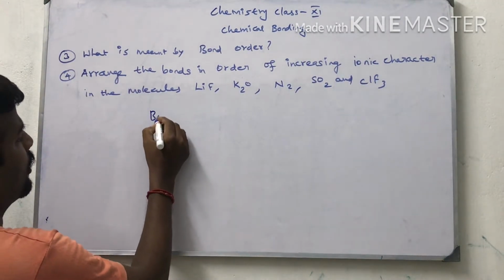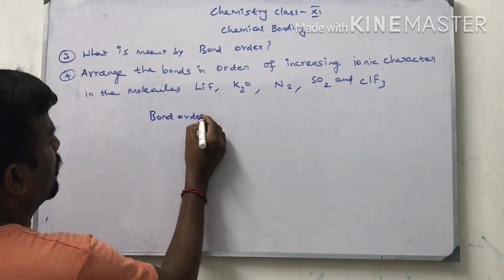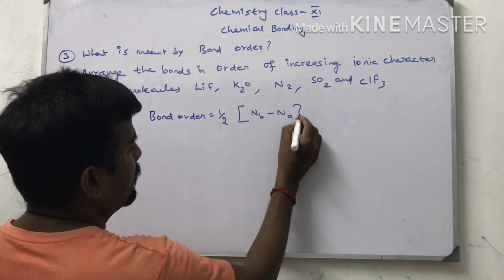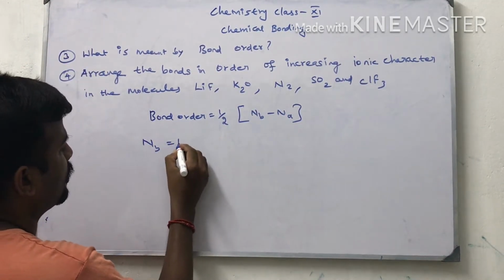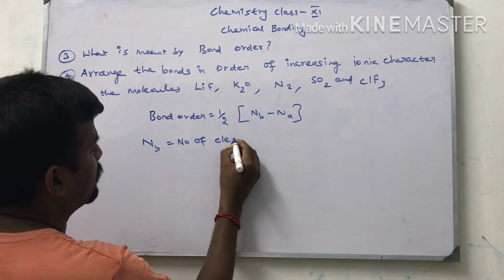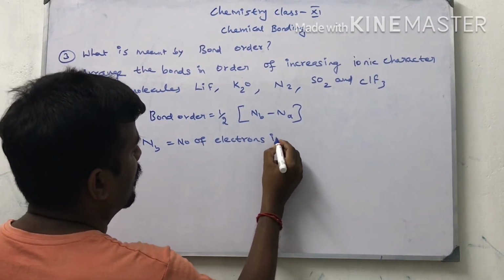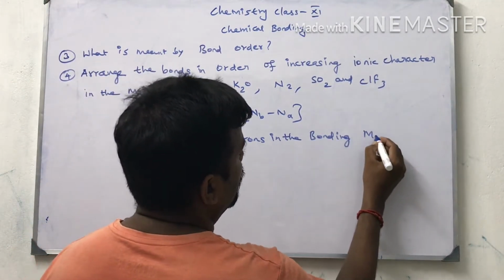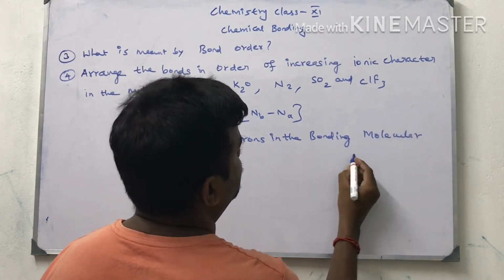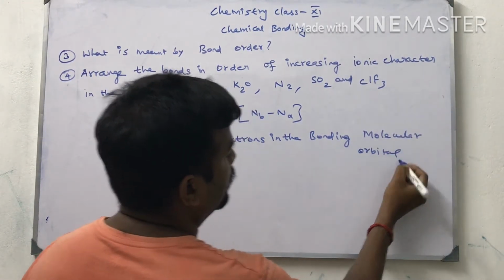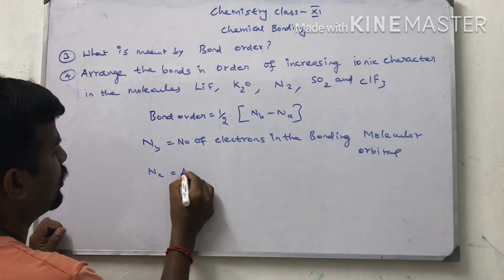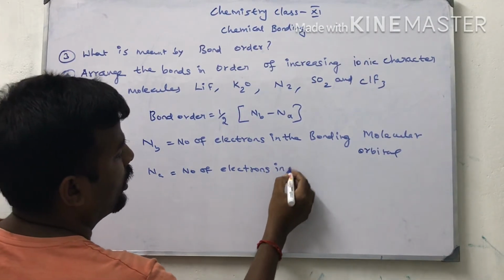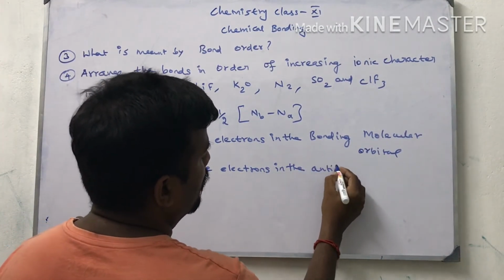Bond order is equal to half into Nb minus Na, where Nb is the number of electrons in the bonding molecular orbital, and Na is the number of electrons in the anti-bonding molecular orbital.